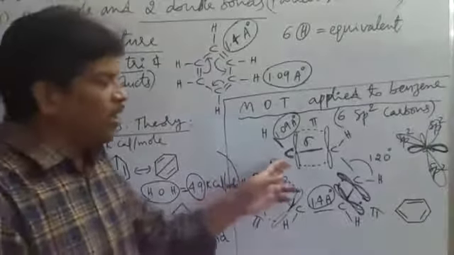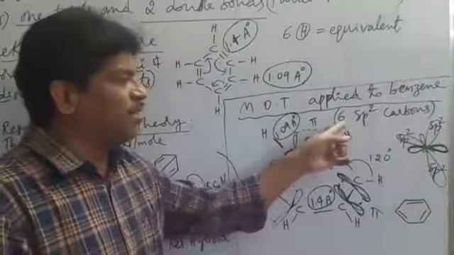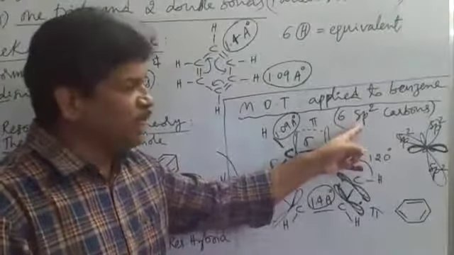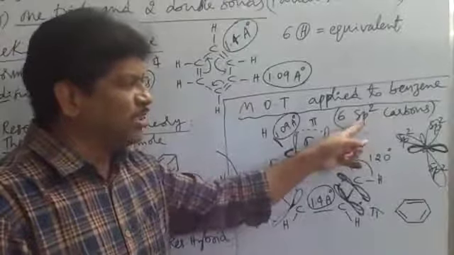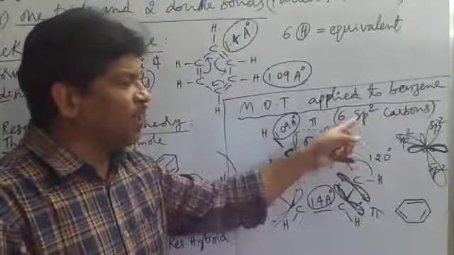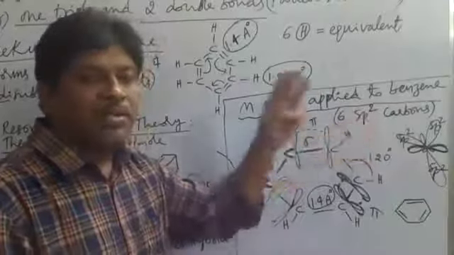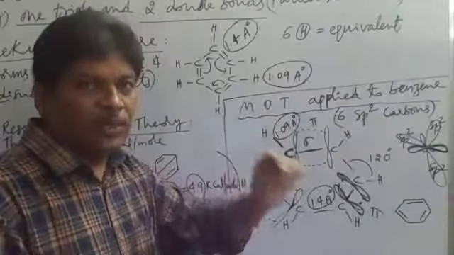So tell me, how many carbon atoms are in benzene? 6 carbons. All the 6 carbons undergo which type of hybridization? sp2 hybridization, which is nothing but intermixing of one s orbital with two p orbitals to form 3 hybrid orbitals of sp2.